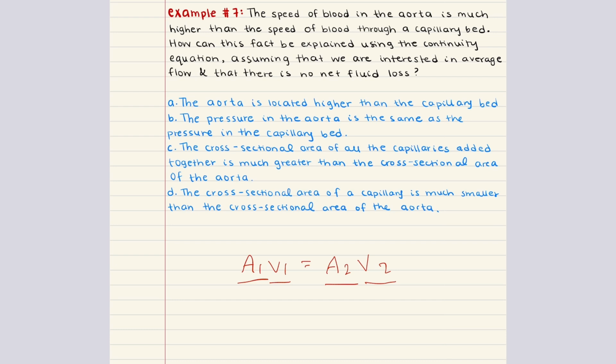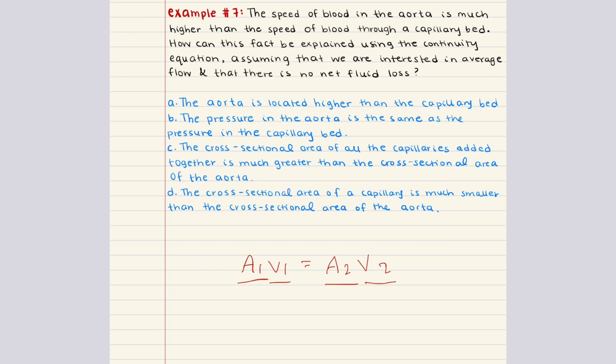The key reason that the blood moves more slowly through the capillaries than the aorta then is because the total cross-sectional area of all the capillaries combined is much greater than the cross-sectional area of the aorta. This difference in area results in a lower velocity in the capillaries according to the continuity equation.